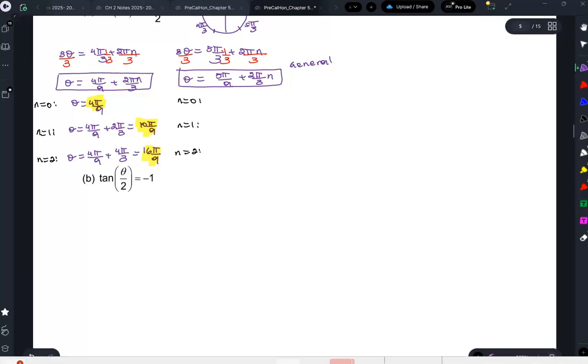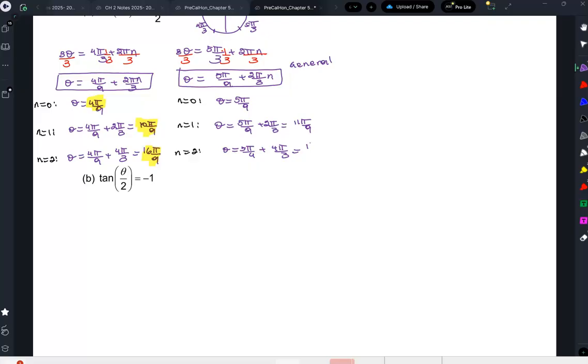And then, let's just do 3 from the other one. So theta equals 5 pi over 9 plus 0. Theta equals 5 pi over 9 plus 2 pi over 3. So that's 11 pi over 9. And then theta equals 5 pi over 9 plus 4 pi over 3.